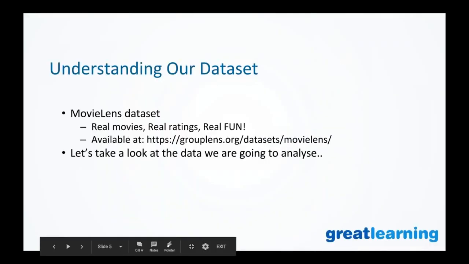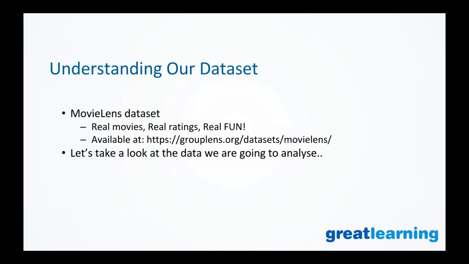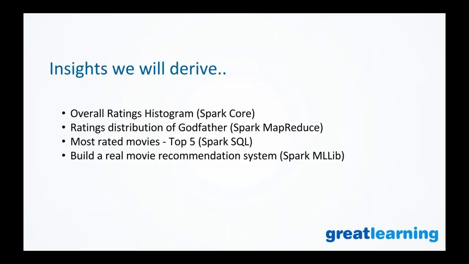Now that we have an understanding of the data set we can analyze, let us list down the kind of insights we want to derive from the data. Then we will go ahead with writing some code in Python, which will extract those insights for us. So what are the insights we're going to derive? The first insight is the ratings histogram.